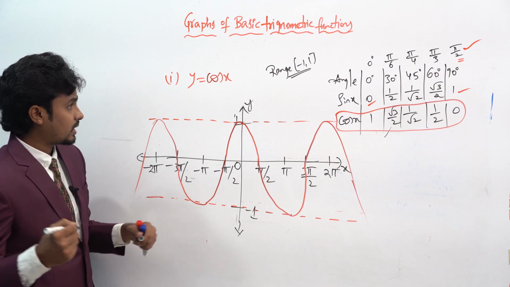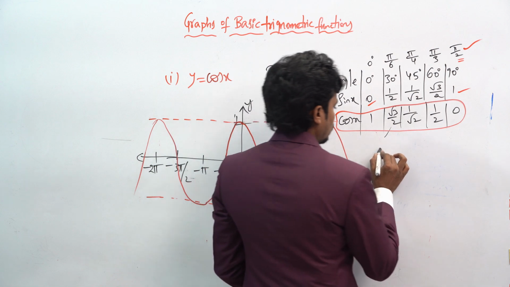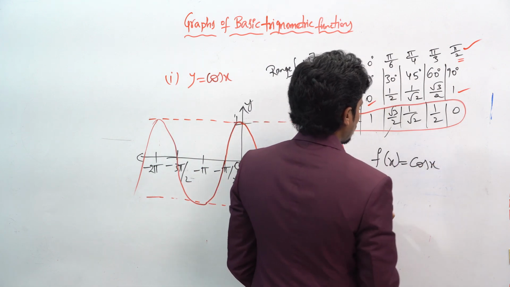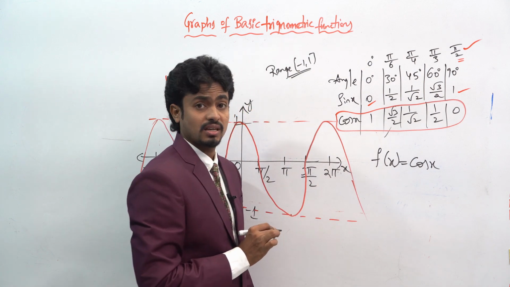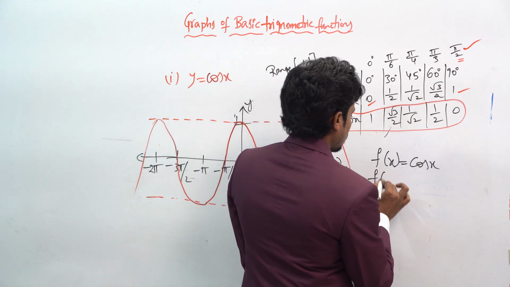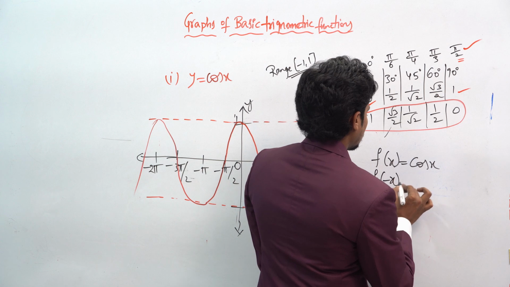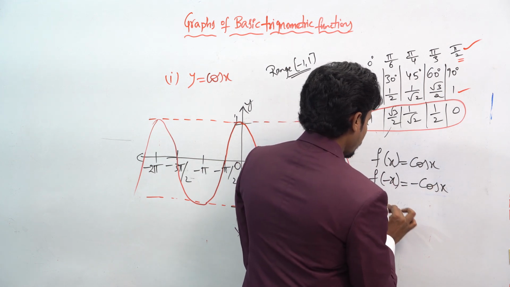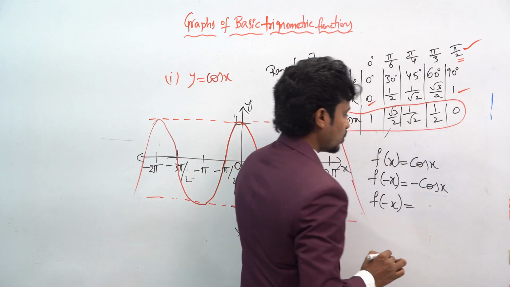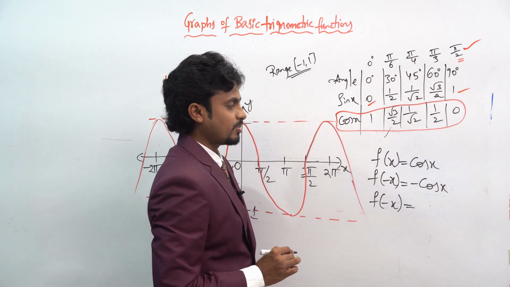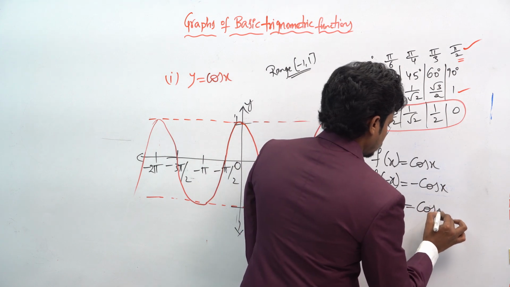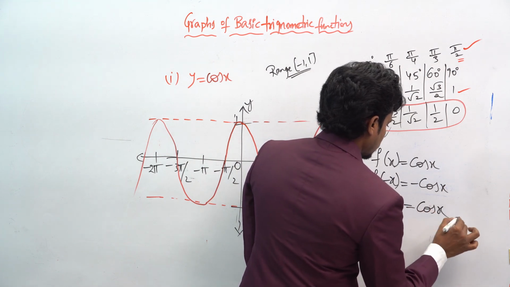For example, if you take f of x is equal to cos x, so what will happen to f of minus x? If you replace x with minus x, that will become cos of minus x, which is cos x.